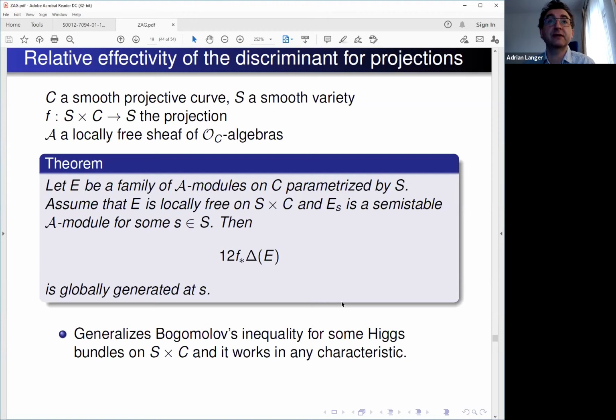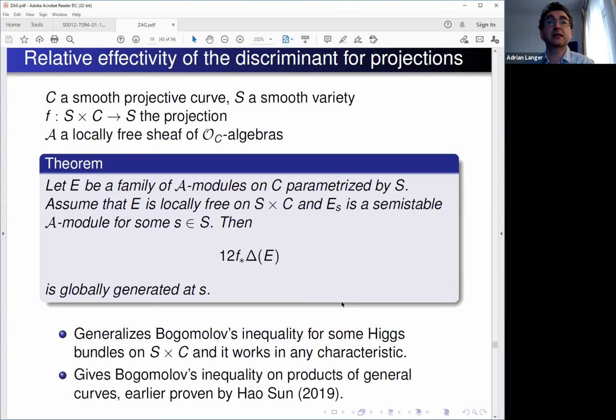And the second thing that I should mention is that in case when S is a projective variety, then it gives Bogomolov's inequality on products, and in particular, it gives Bogomolov's inequality on products of general curves. So this result was earlier proven by Hao Sun, well, essentially 2 years ago.